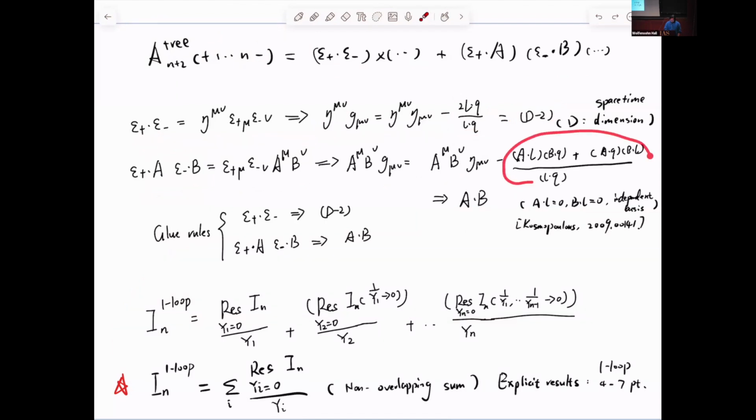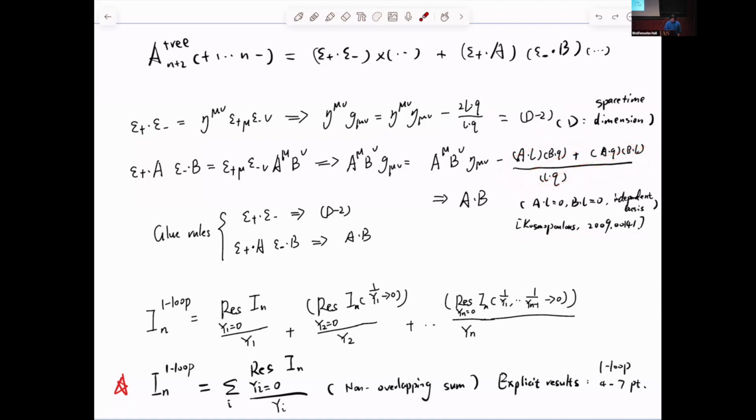Here the second term looks like it will affect the result, but in this paper they have proved that once you expand the tree amplitude into an independent basis, you can just efficiently ignore the second term.